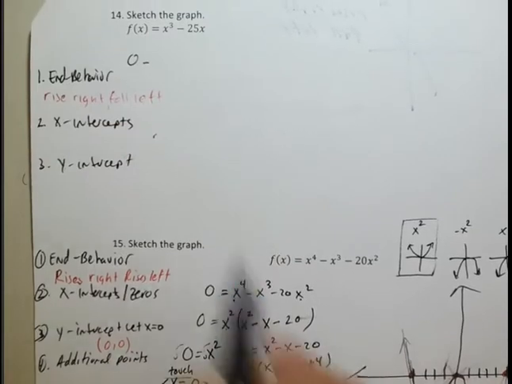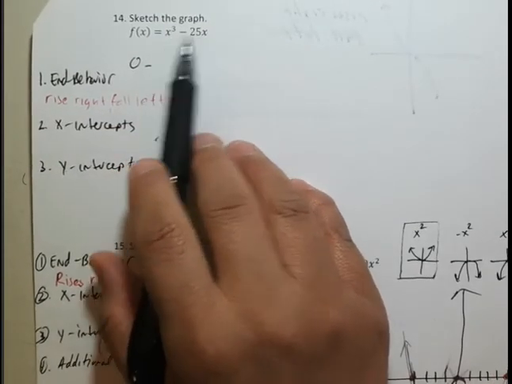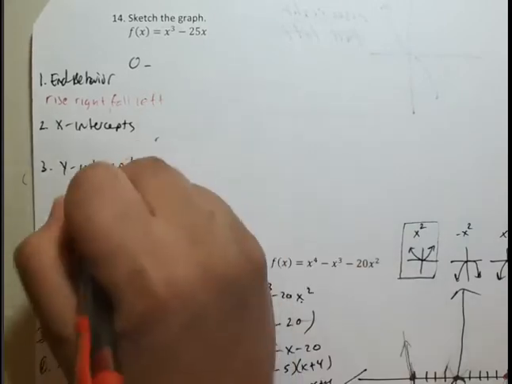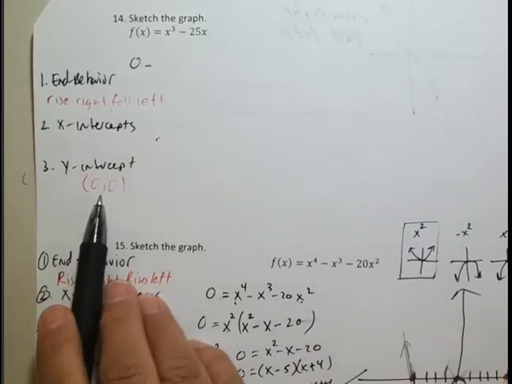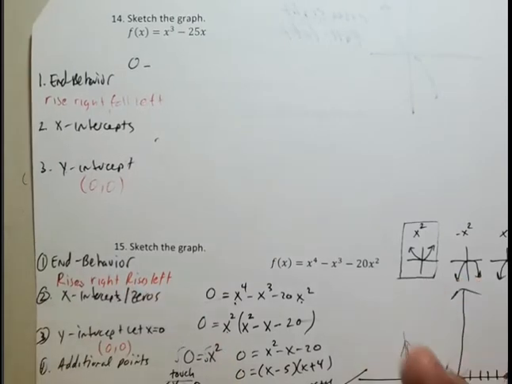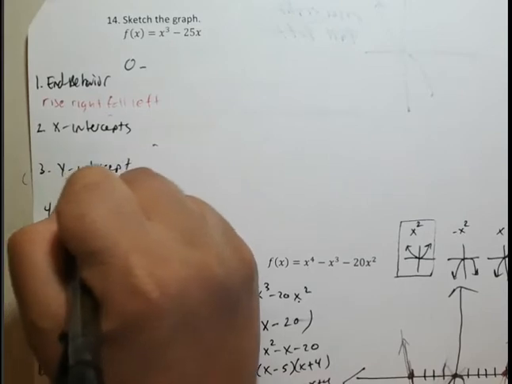The y-intercept, if we let x equal 0, then we just get 0. So my y-intercept is 0, 0. Okay. That's not always going to be the case, but in this situation it is. And then of course we're going to do additional points.